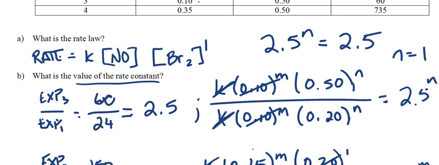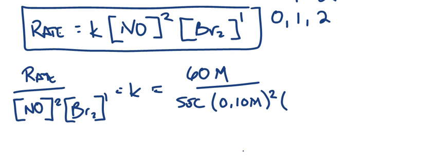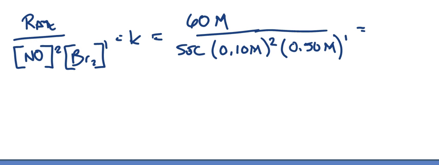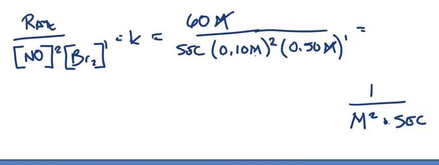And then the concentration for the bromine is 0.5, and that also is molarity, but it is a first order reactant. So before we get a number here, let's find out what our unit is. So our unit, the molarity is going to cancel out. We have molarity squared and seconds on the bottom, so we're going to have 1 over molarity squared seconds.